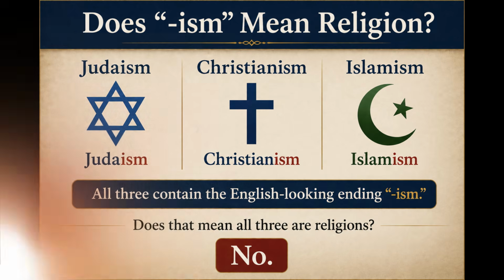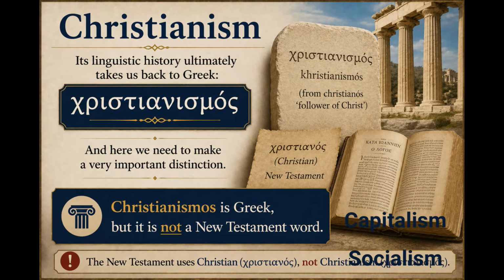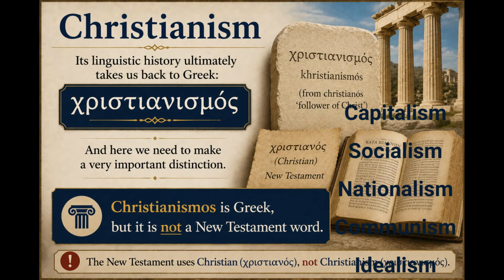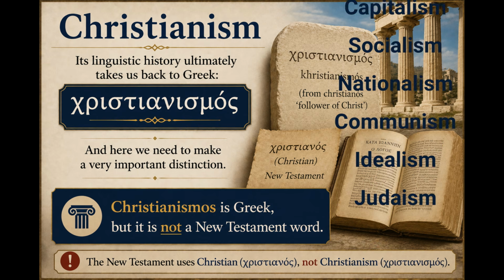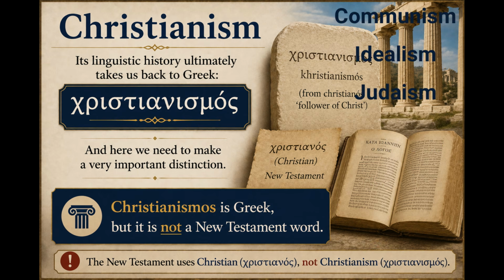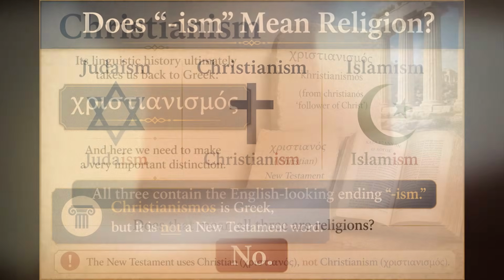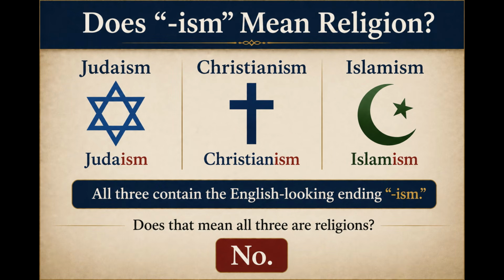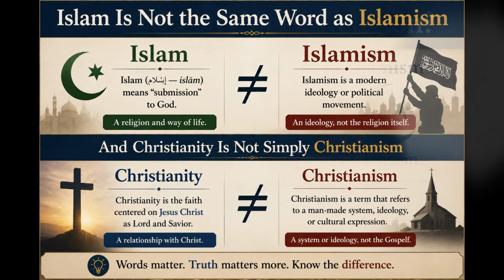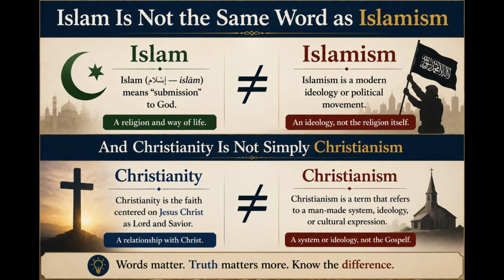Consider familiar words such as capitalism, socialism, nationalism, communism, idealism, and Judaism. The ending itself does not tell us that something is a religion. We have to investigate the history and usage of the individual word, and that becomes particularly important with Islamism. Islam is not the same word as Islamism. In contemporary English, Islam and Islamism should not simply be treated as synonyms.